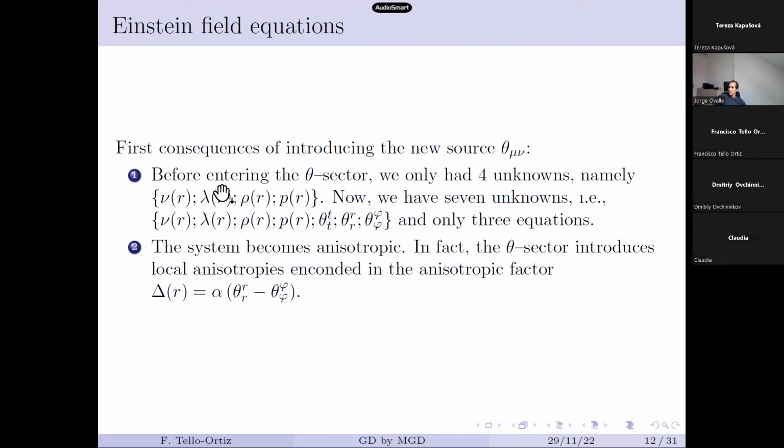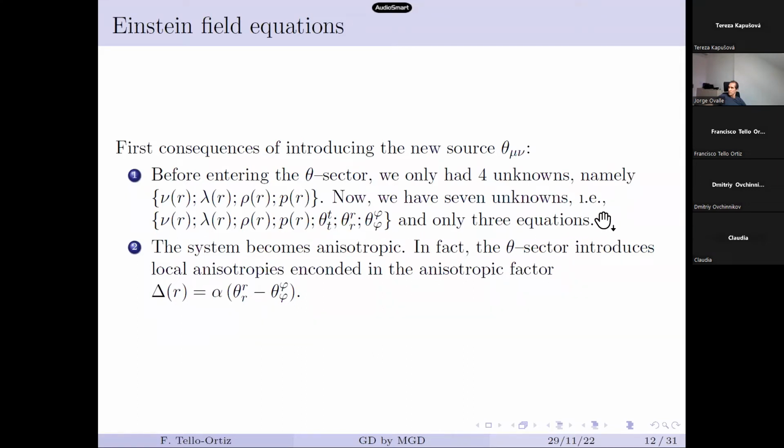As I told you, before entering the theta sector, we only had 4 unknowns, okay? Both metric potentials and 2 energy momentum or thermodynamical variables, okay, rho and p. Now we have 7 unknowns: both metric potentials, the original density, the original pressure, and the component of the theta sector. But just 3 equations.